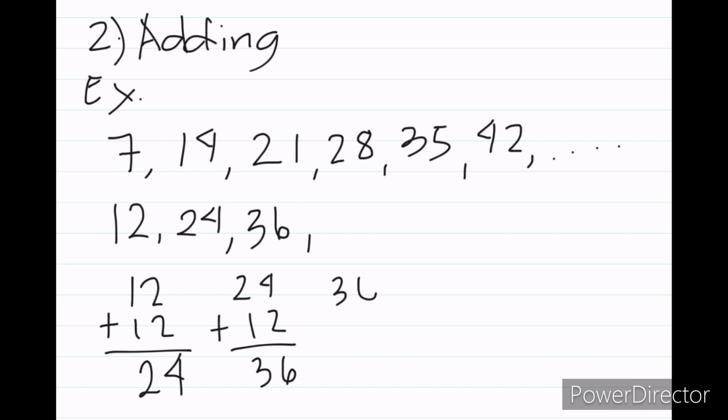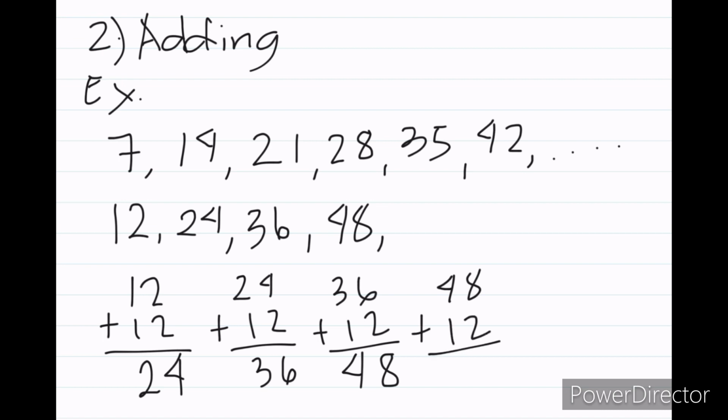Next, from 36, add 12. 6 plus 2 is 8, 3 plus 1 is 4. So the next multiple of 12 is 48. Next, from 48, add 12 again. 8 plus 2 is 10. Carry 1. 4 plus 1 is 5, plus the carry 1, we have 6.